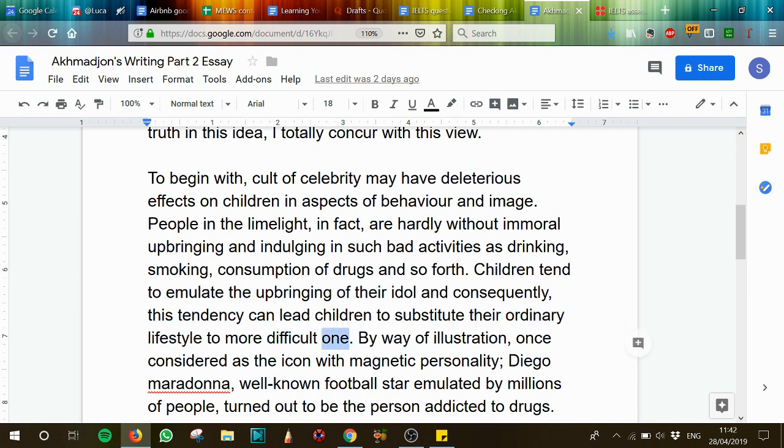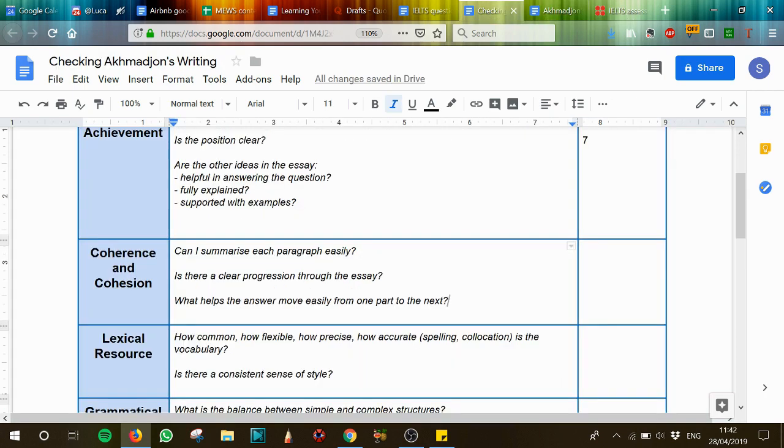And this pronoun, again, references the ordinary lifestyle. So "ordinary lifestyle" becomes "one," the pronoun here. And that really helps this sentence to stay together, to be one part. And it really does work for that coherence and cohesion.